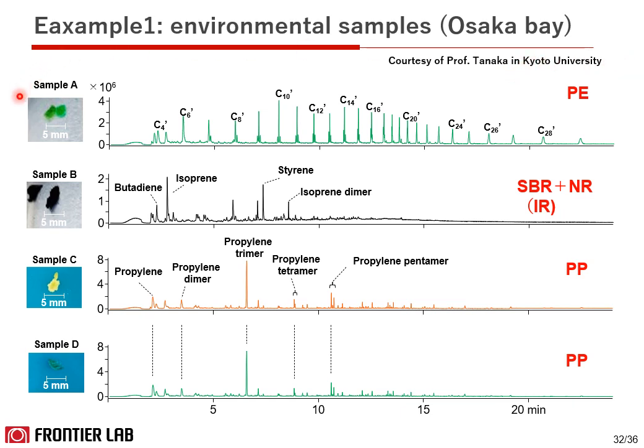We analyze these 4 samples, sample A to D, and identify what types of plastics they are. It is interesting to share that sample B was presumed to be EPDM as a result of FTIR analysis, but it was found by Py-GCMS that it was a blended polymer of SBR and natural rubber.